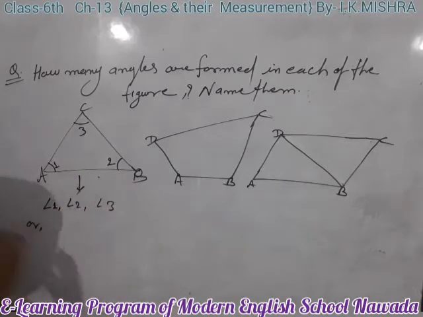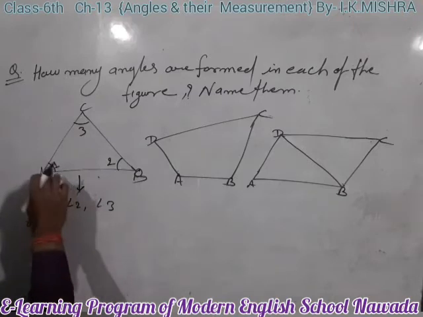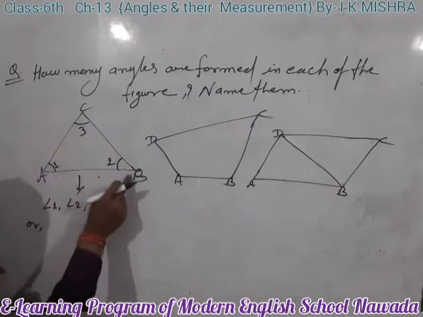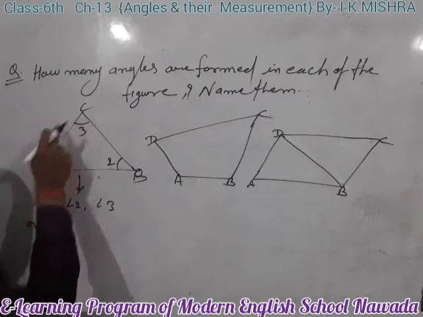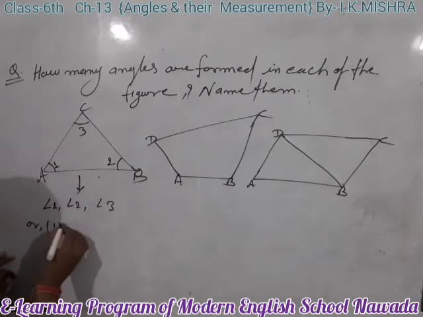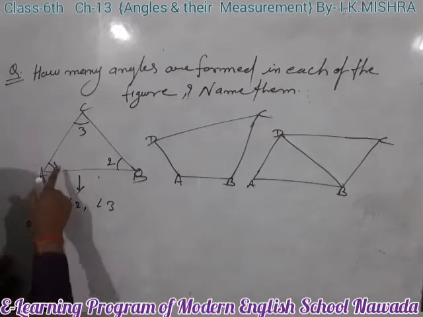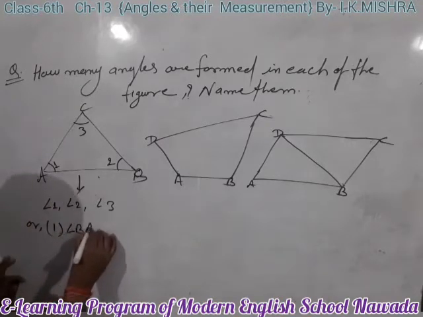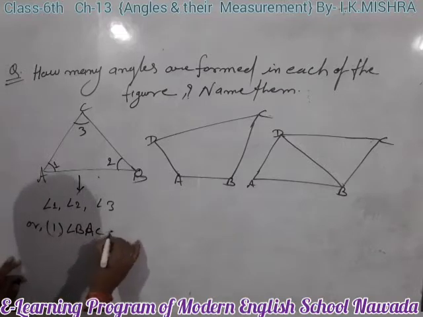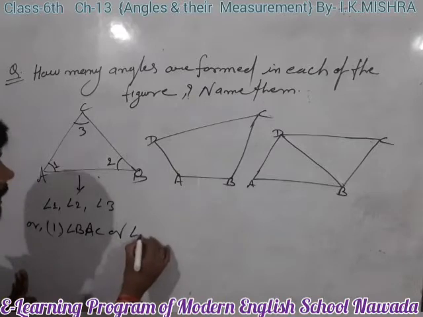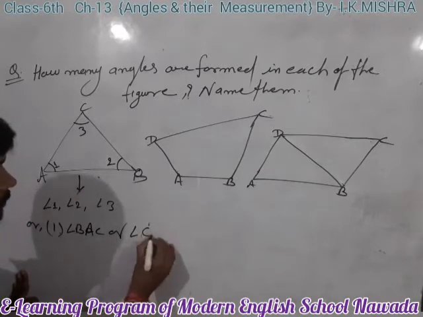Or the name of angle 1 is angle BAC or CAB. So the first angle, number 1 angle, is angle BAC, or you can write this angle as angle CAB.